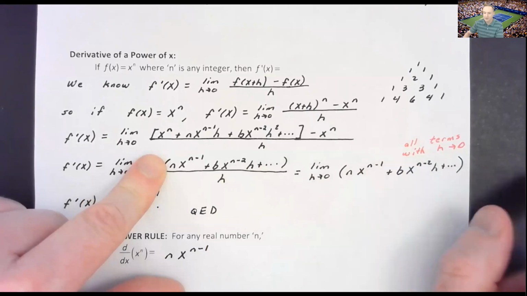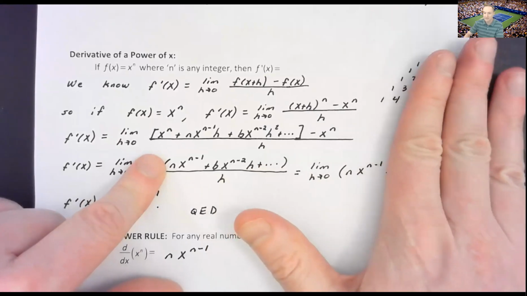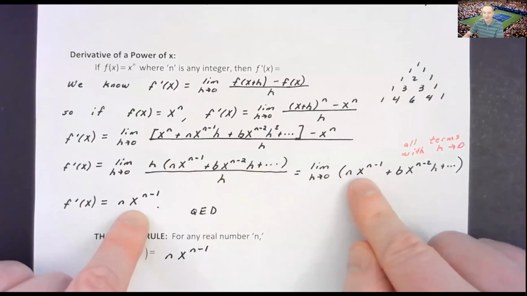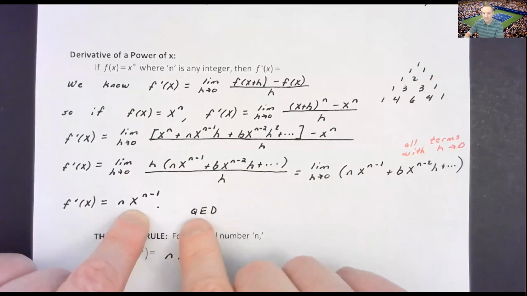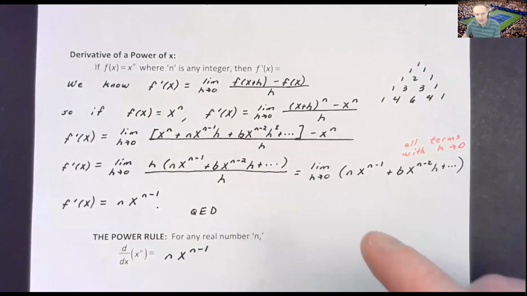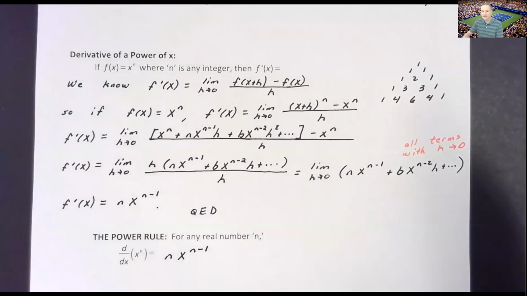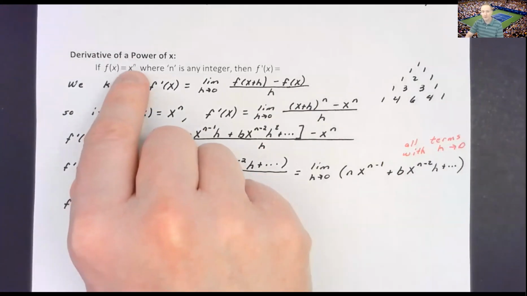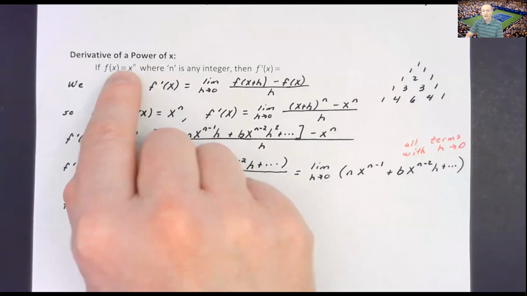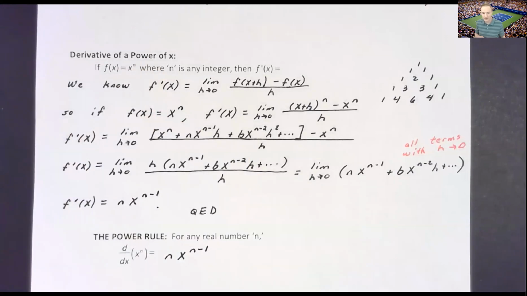So every single term in there, with the exception of the first term, becomes 0, thus leaving us our derivative of f with respect to x is n times x to the n minus 1. And this stands for quod erat demonstratum, Latin for as has been demonstrated. Now, this shows us that if we have any polynomial power function of x, we just bring that exponent down in front and then decrease the exponent by 1.